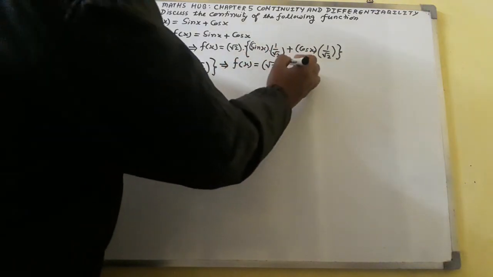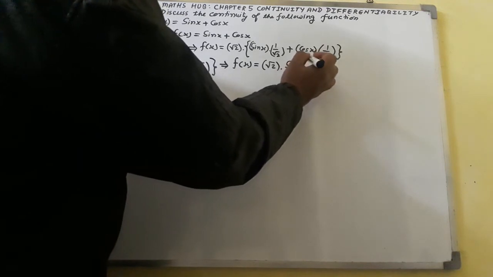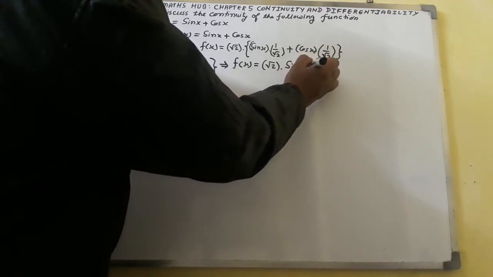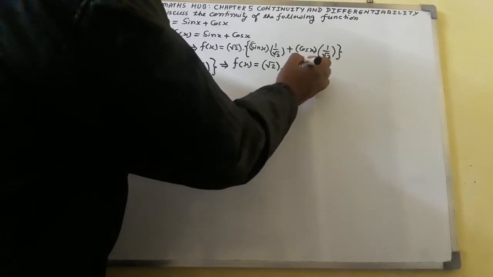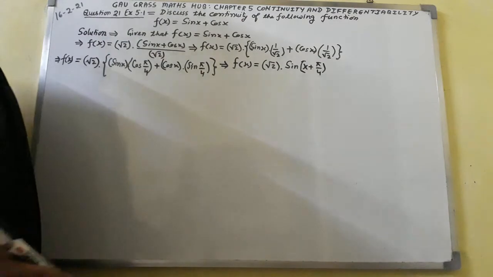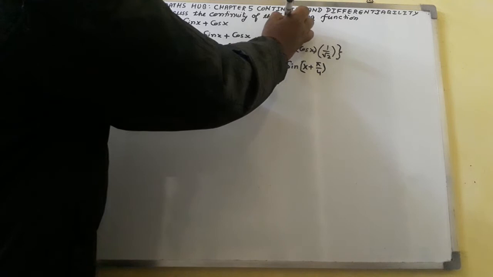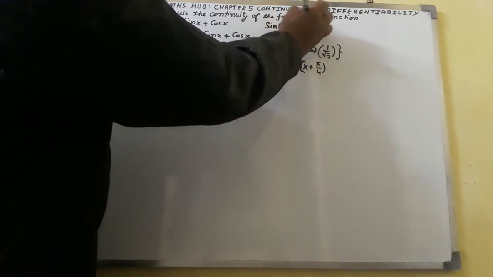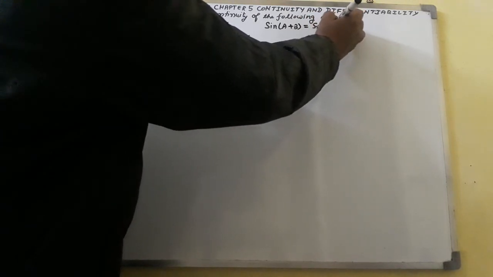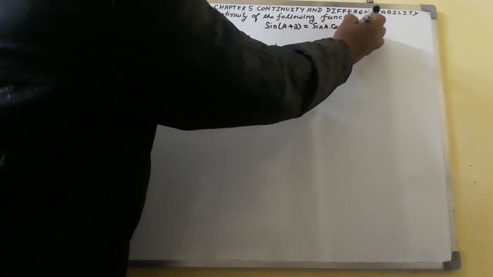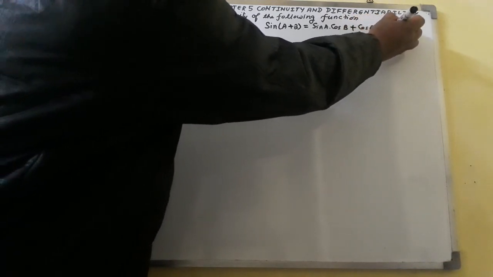This can become sin of x plus pi by 4. This is the formula: sin a plus b is equal to sin a dot cos b plus cos a dot sin b.